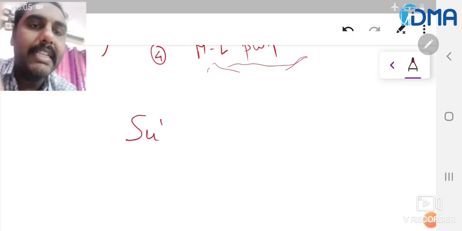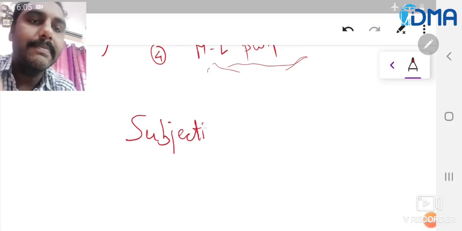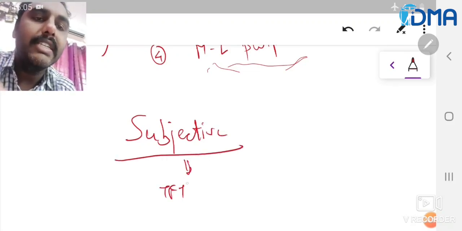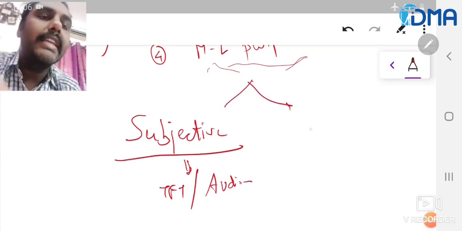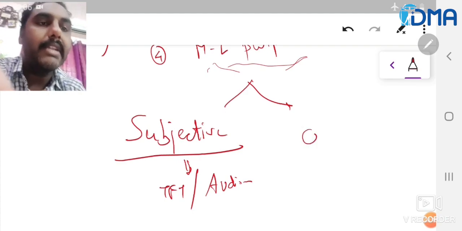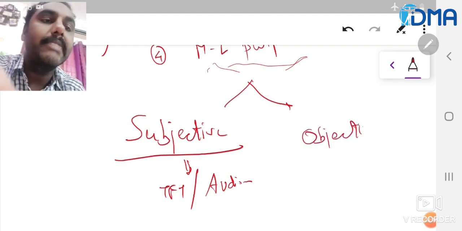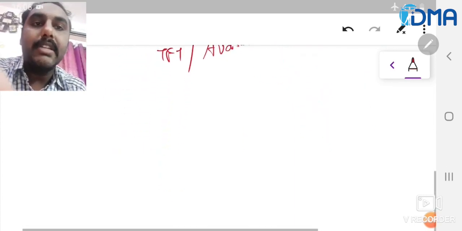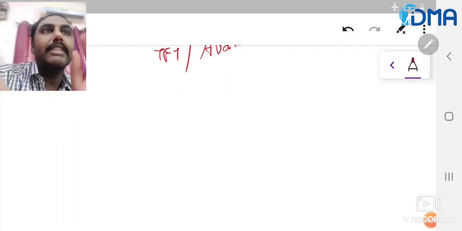So the two subjective investigations are the tuning fork test and audiometry, and the rest, like the impedance, the OAE or the BERA, are objective tests and not subjective tests. So this is another important MCQ: audiometry is a subjective investigation.